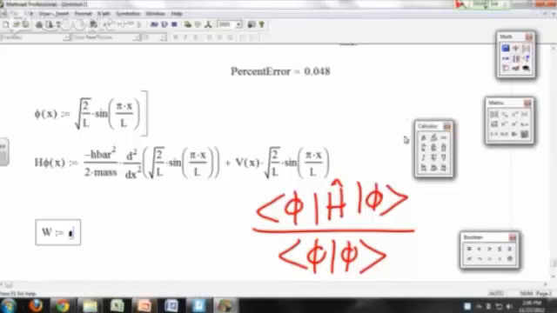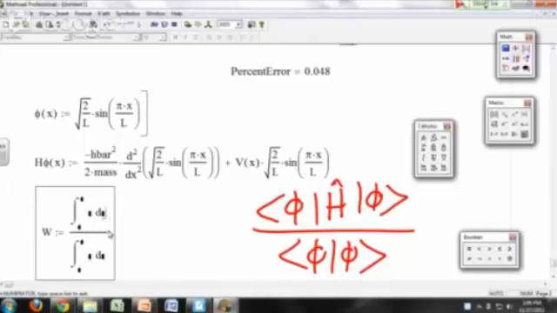So our numerator is going to have an integral. Okay, so you have a numerator and a denominator, another integral in your denominator. So what goes here? X integral from 0 to L of what? Phi h hat phi.